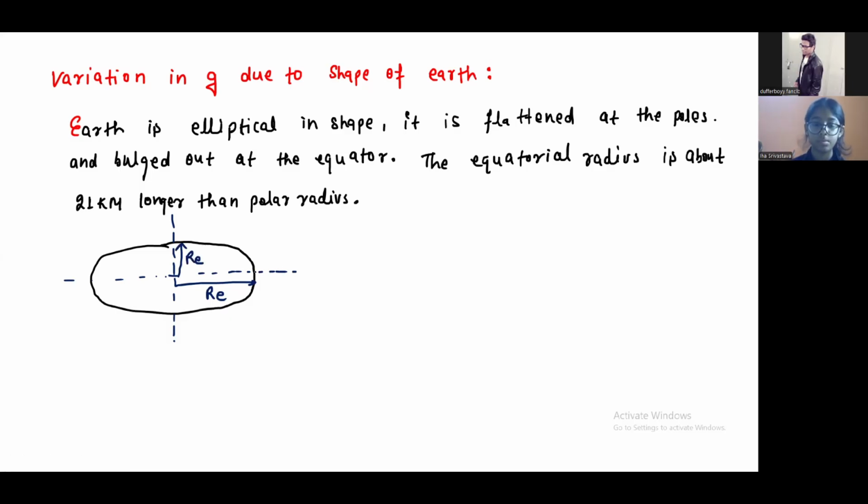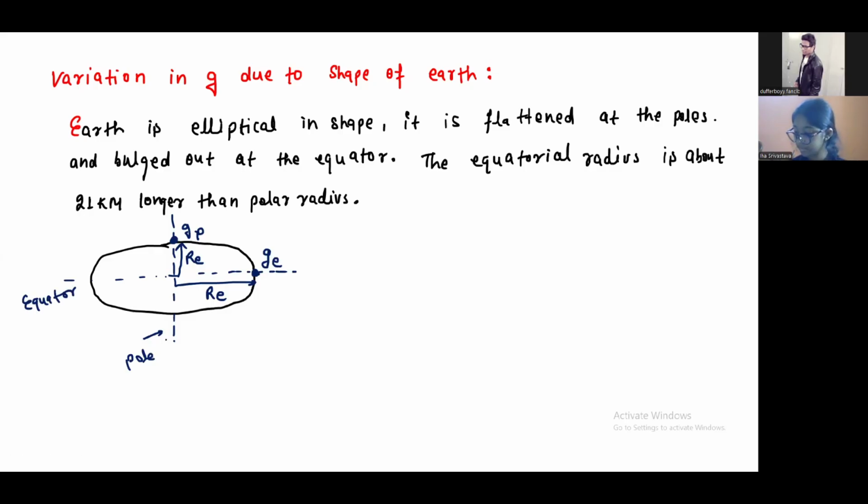Okay, so here the value of g is called GE, and when you are moving from that point, then the value of g is called GP. This is called the pole point, and this is called the equator point.